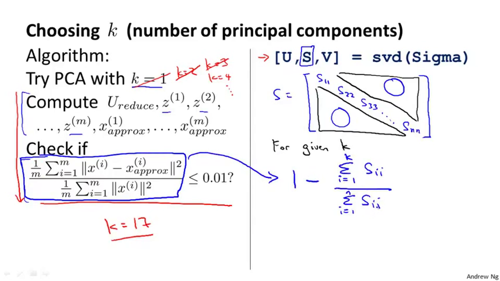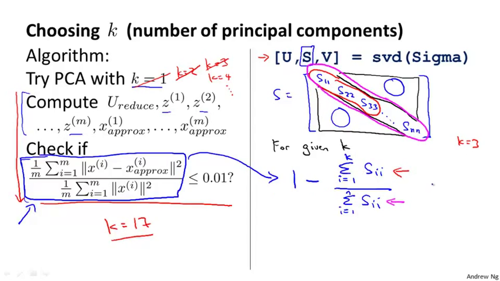To say that in words, if k equals 3, let's say, to compute the numerator we sum from i equals 1 through 3 of Sii, so we just compute the sum of these first 3 elements. And then the denominator is the sum of all of these diagonal entries. And 1 minus that ratio gives me this quantity over here that I've circled in blue.